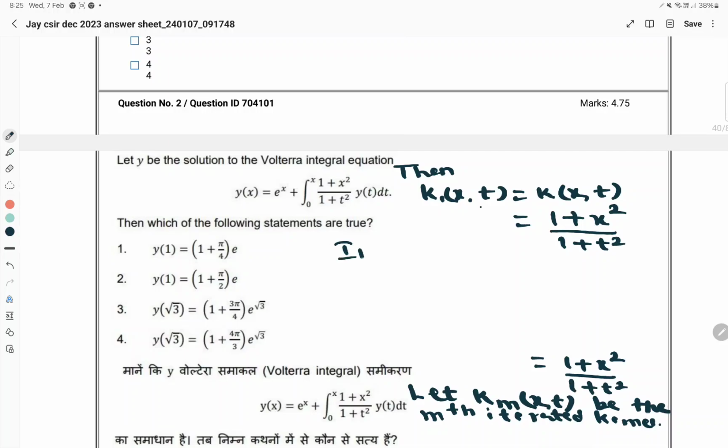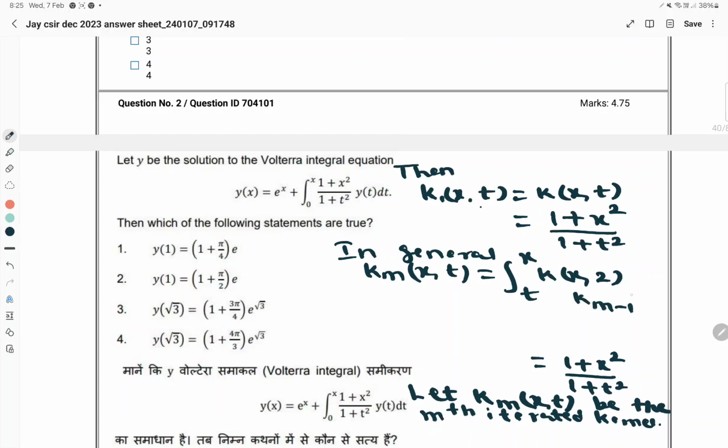In general, k m of x comma t is equivalent to integral t to x of k of x comma z into k m minus 1 of z comma t dz.